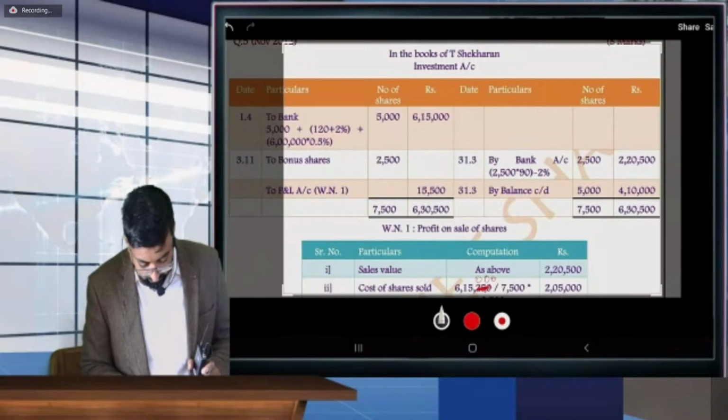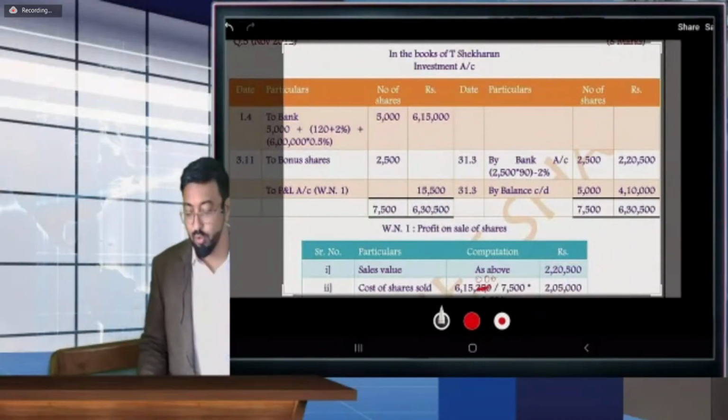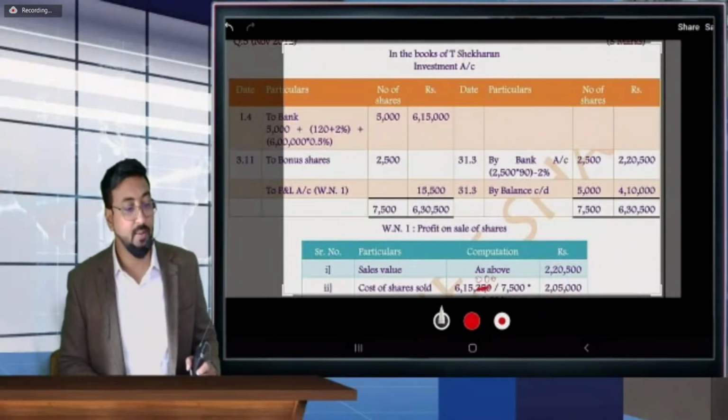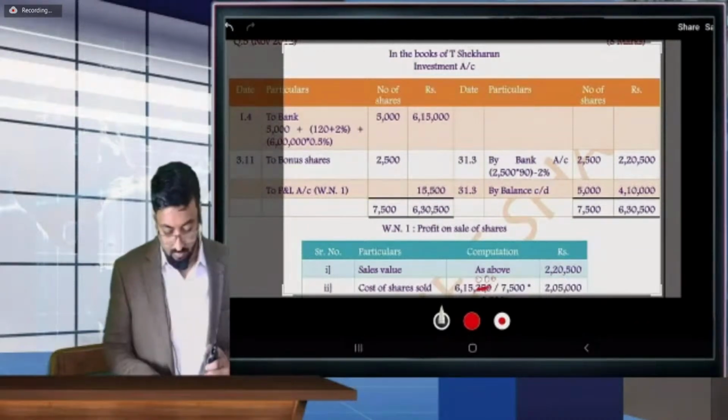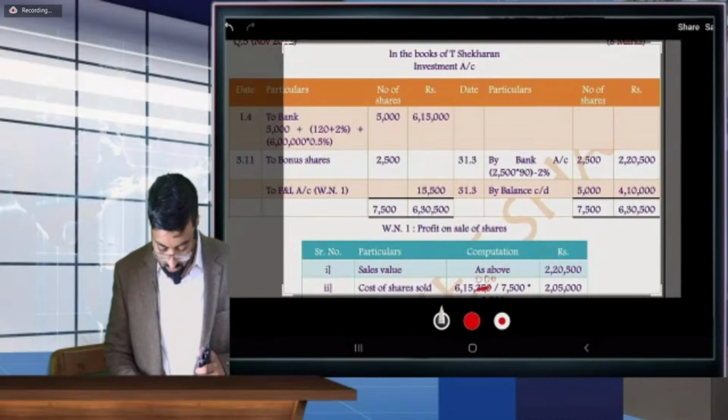Correct, correct, correct, correct. Acha. So he gets stuck due to 50 paisa. 50 paisa means beta 50% प्रॉफिट में ऐड हो जाएगा.